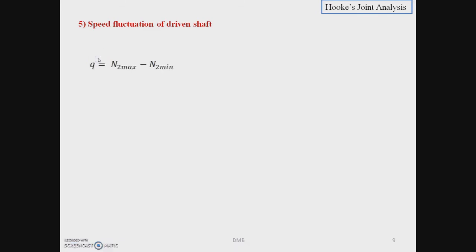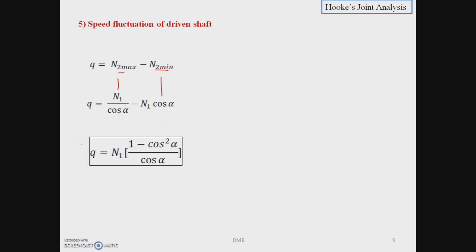So fluctuation Q can be defined as the maximum speed of the driven shaft minus the minimum speed of the driven shaft. Now let us substitute the value of N2 max and N2 minimum in this equation. So N2 max is N1 upon cos of alpha, and N2 minimum is N1 into cos of alpha.